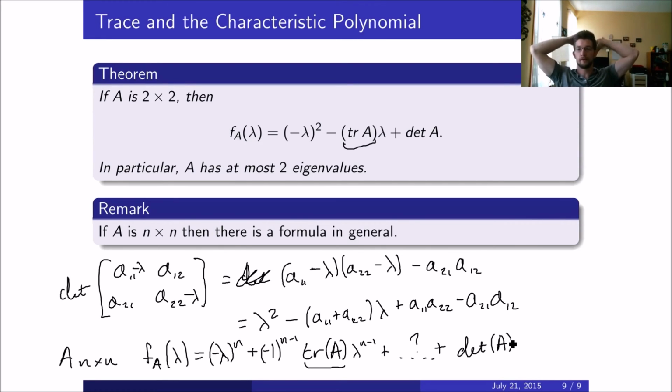If you have a 3 by 3, a 4 by 4, 5 by 5, there's no formula you're going to remember. I can give you the formula for a 3 by 3 and a 4 by 4, but it's complicated and you won't remember it. Just do the problem, and check the trace and the determinant, because if you got the trace or the determinant wrong, it'll screw you up. This is a way of double checking your characteristic polynomial before you go through and find the eigenvectors.